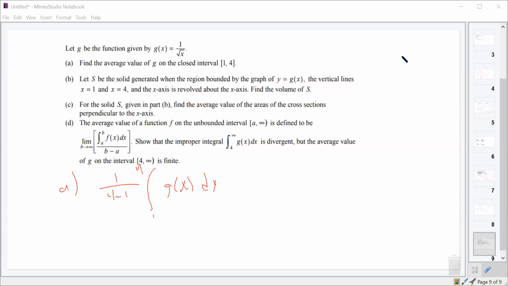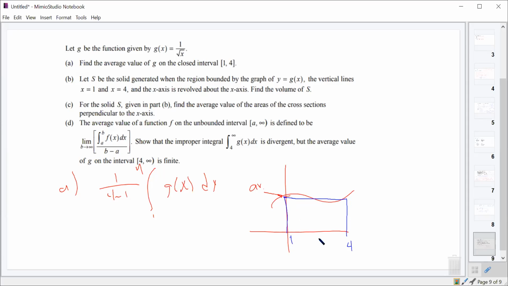I'm not sure how they would ask you really to explain that. I mean, you could say that the average value of a continuous function basically just means that you are looking for the y value at which, in the picture we always draw, if you have some function, there's some y value within there that is the average, where the area underneath the full curve is equal to the area of the rectangle that is made between, in this case, 1 and 4, right?